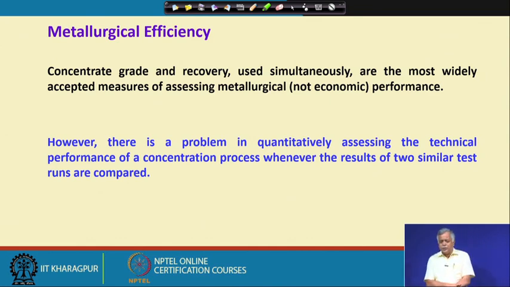Now, say suppose I have 3 parallel circuits processing similar minerals. If I want to compare these 3 parallel circuits, to see which one is more efficient, the decision will be very easy if one circuit gives me the maximum recovery as well as the maximum grade.